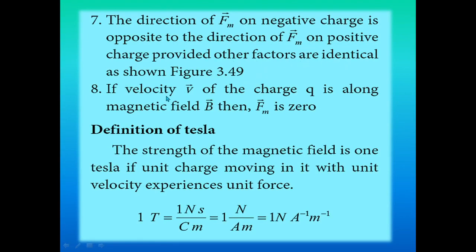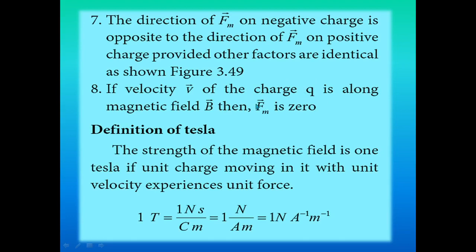The last point is, if the velocity v vector of the charge q is along the magnetic field b vector, then Fm vector is 0. Once again, repeat the last point. If the velocity v vector of the charge q is along the magnetic field b vector, then the force is 0, because a charge moving along the magnetic field is not affected by the magnetic field.